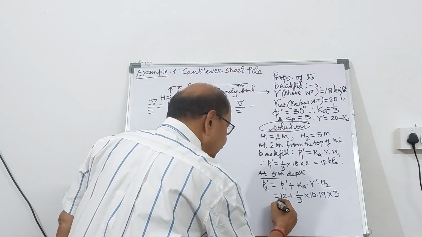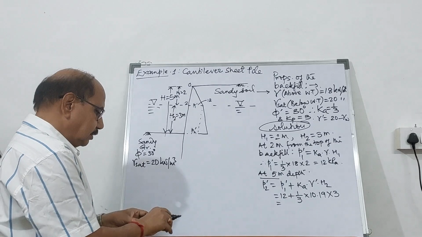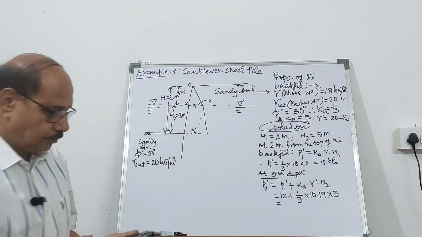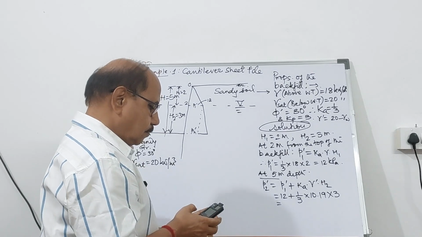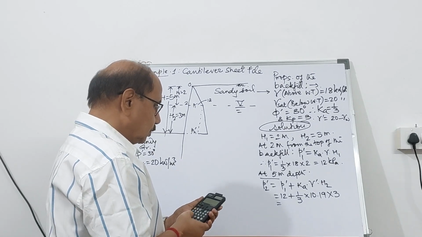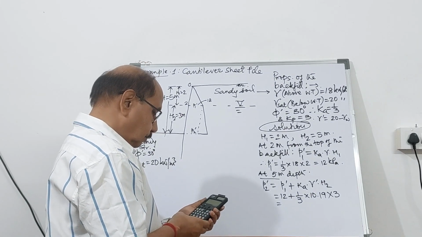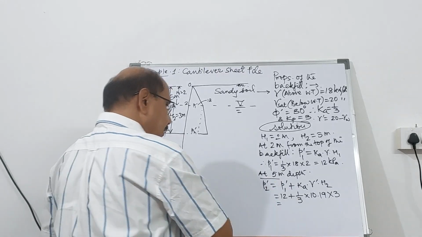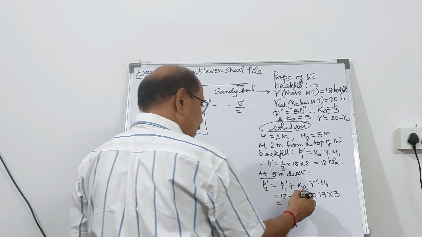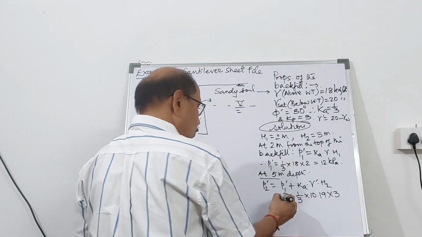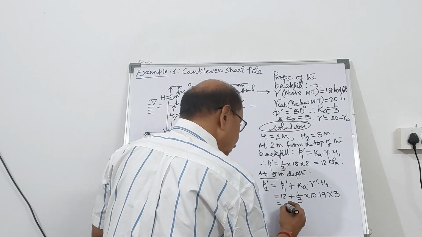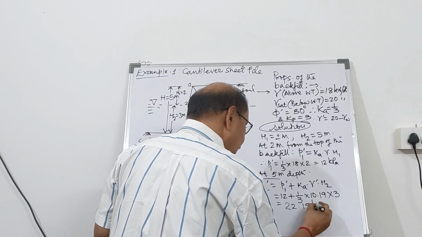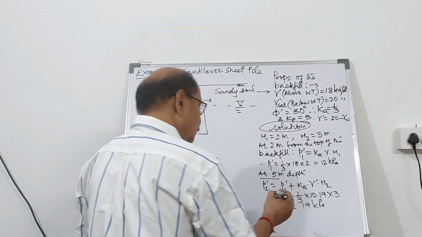So you can calculate this, and P2 prime will be known to you. So let's calculate this. There is going to be 10 point this, 3 goes out. So it becomes 22.19 kilopascal.